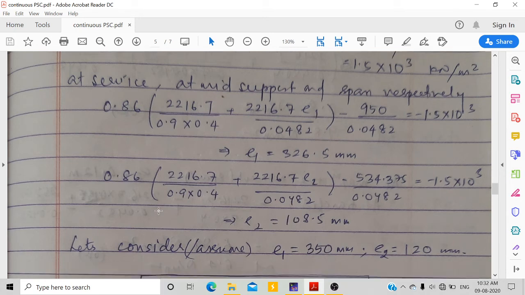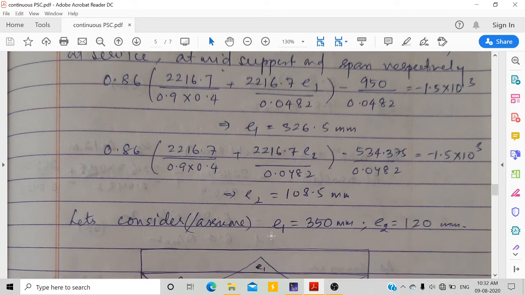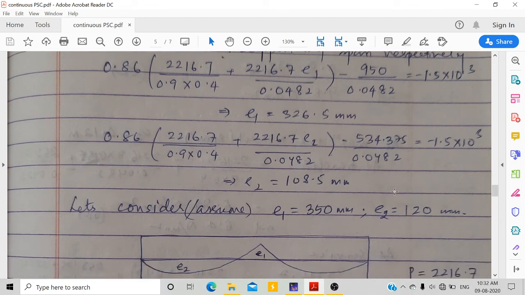Similarly for the midspan, the moment will change. So this is 534 due to dead load and live load, which we have calculated before. So here the eccentricity required is 108.5. So let's assume E1, I'm just taking more than this, 350 mm, and here 120 mm, because these are the minimum eccentricity, right?